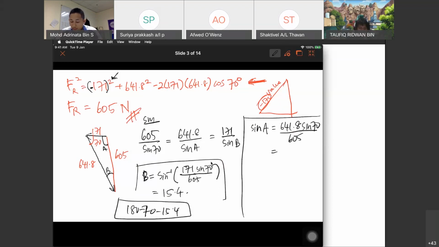You will get this one as 85.4. And then you need to check. Or you just use your B. Okay? You just use your B is equals to 180 minus 70 minus 85.4.